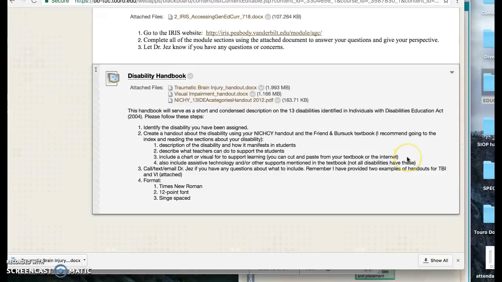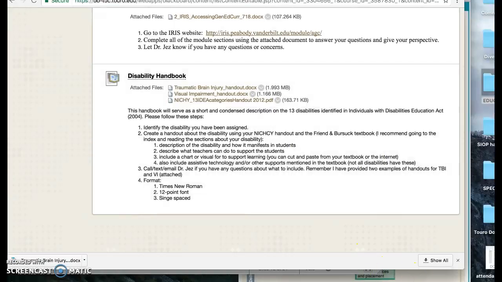For example, there are a lot of really great advocacy websites for autism spectrum disorder that you can take a look at. Also, some disabilities have assistive technology or other supports mentioned in the textbook. Not all disabilities have these types of supports, so see if there's something useful to mention.